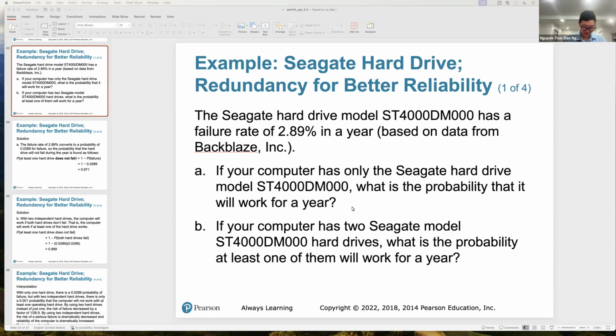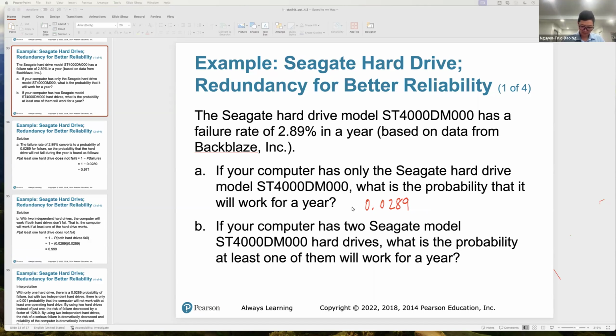The failure rate of 2.89% converts to a probability of 0.0289, right? Because you divide it by 100. So the probability that the hard drive will not fail during the year is found as follows.